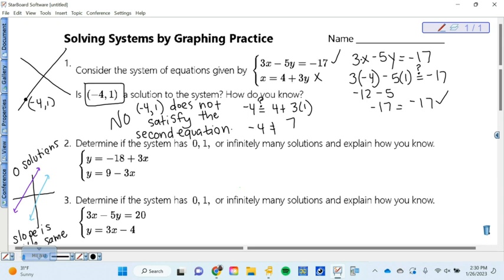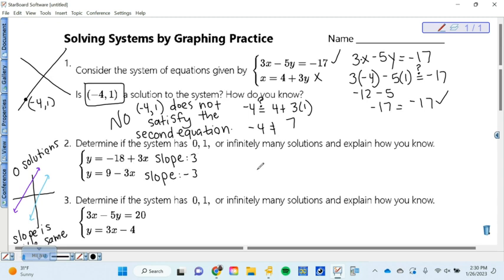It's a +3, not the x, just the 3. Slope is 3. What's the slope of my second equation? Slope is -3. Is 3 equal to -3? Are those the same thing? No, they're not. So different slopes.